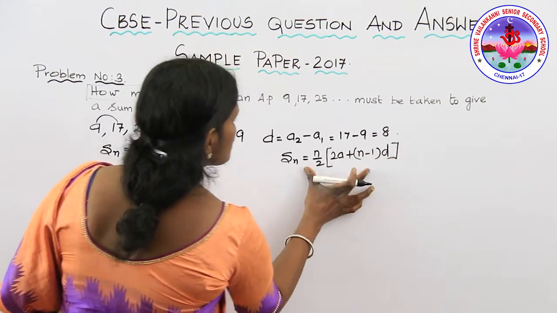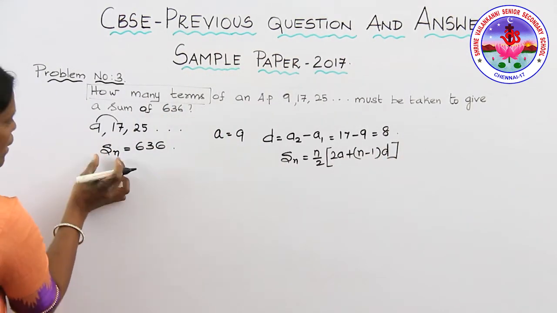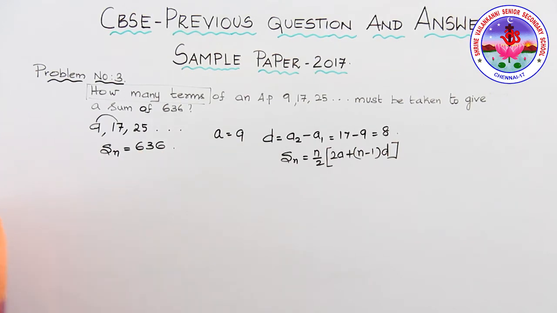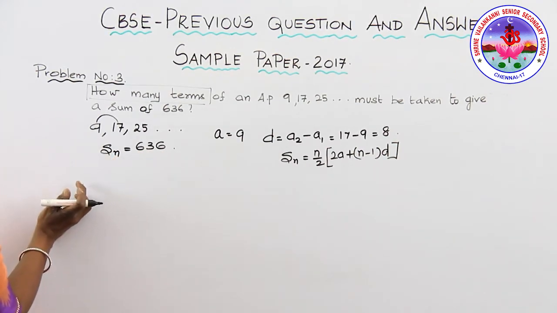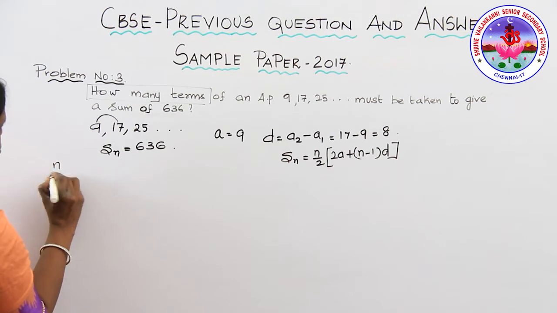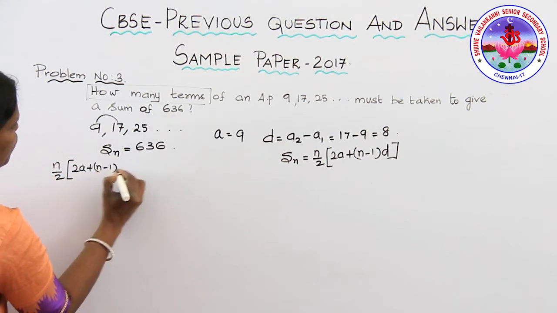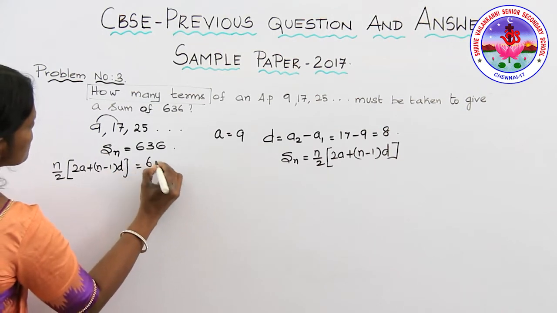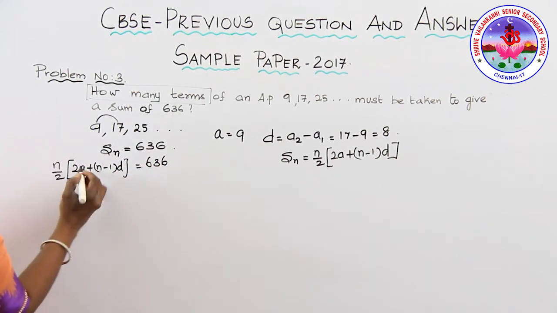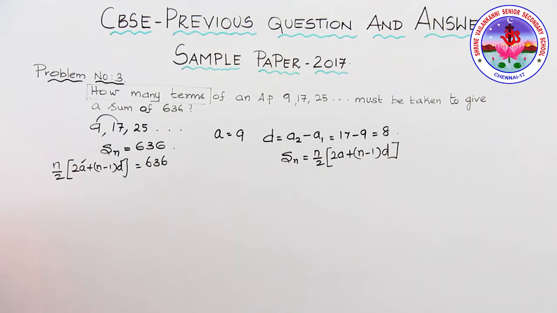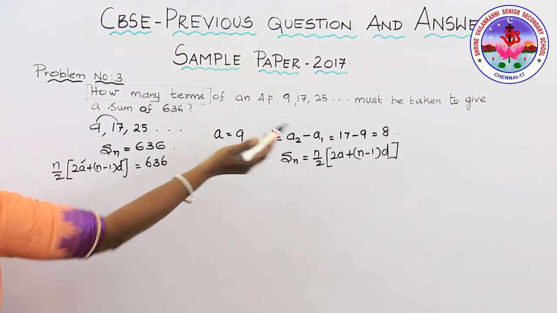Here Sn, he has given the total sum as 636. So my right hand side expression n by 2 into 2a plus n minus 1 into d is given as 636. Substituting the values of a and d in order to find my value of n, where a is 9, d is 8.